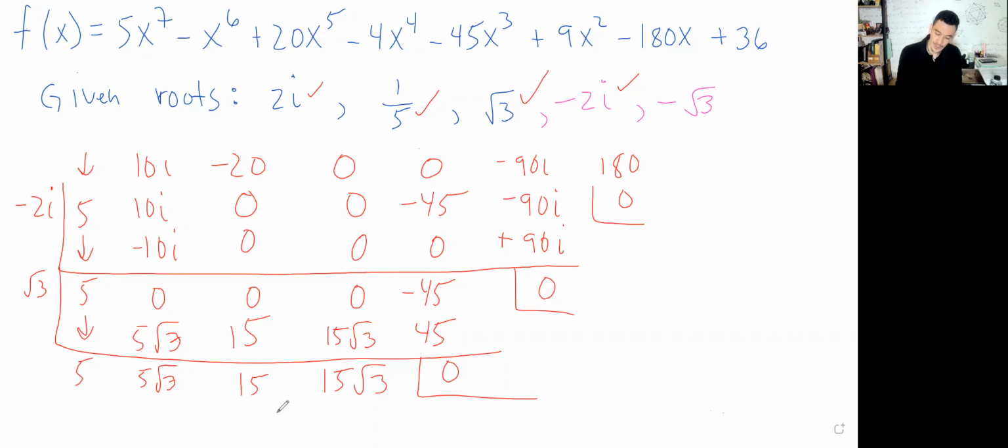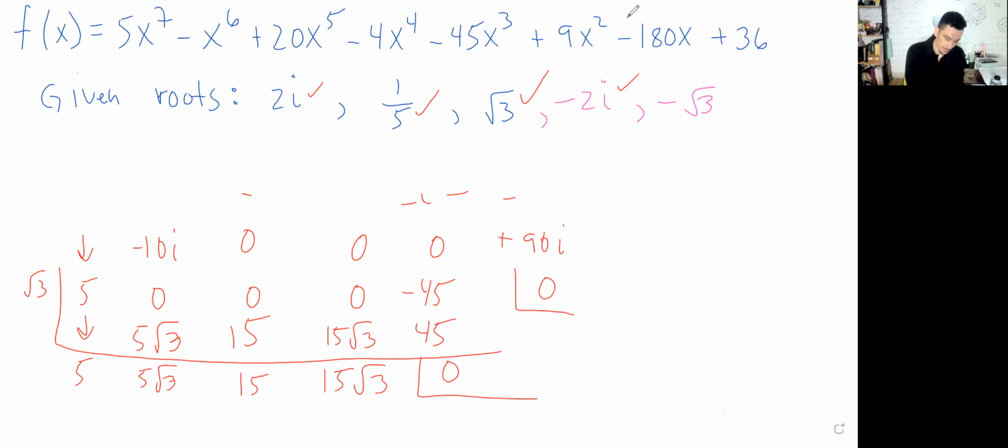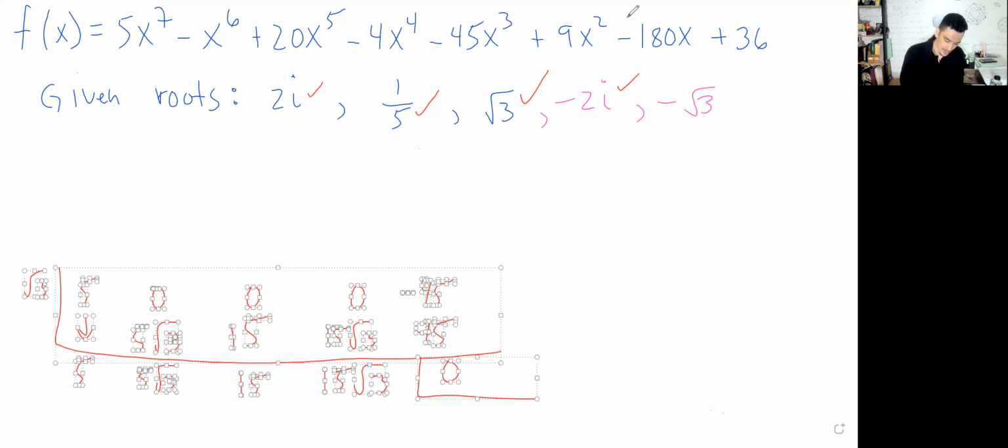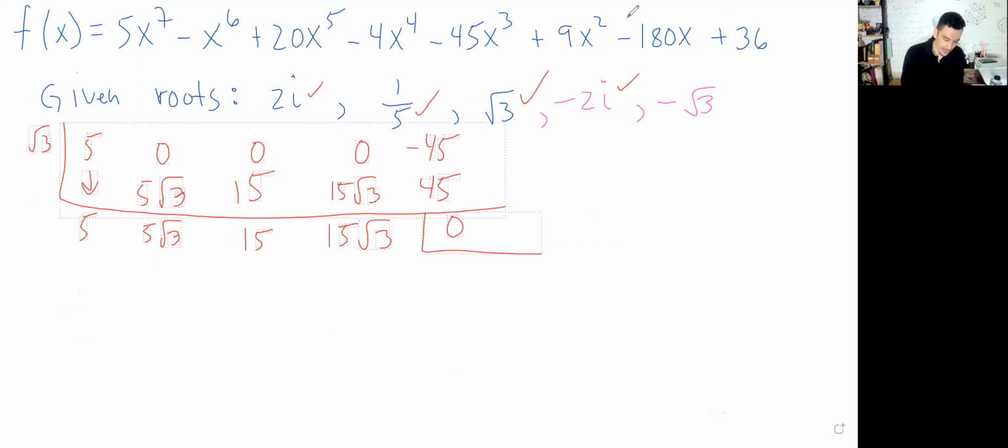And then finally, let's finish this problem by throwing in the negative square root 3. Let me get some of this off the board here. Let's throw in negative square root 3 and see what we get. Let me copy all of this and move this up, right there.